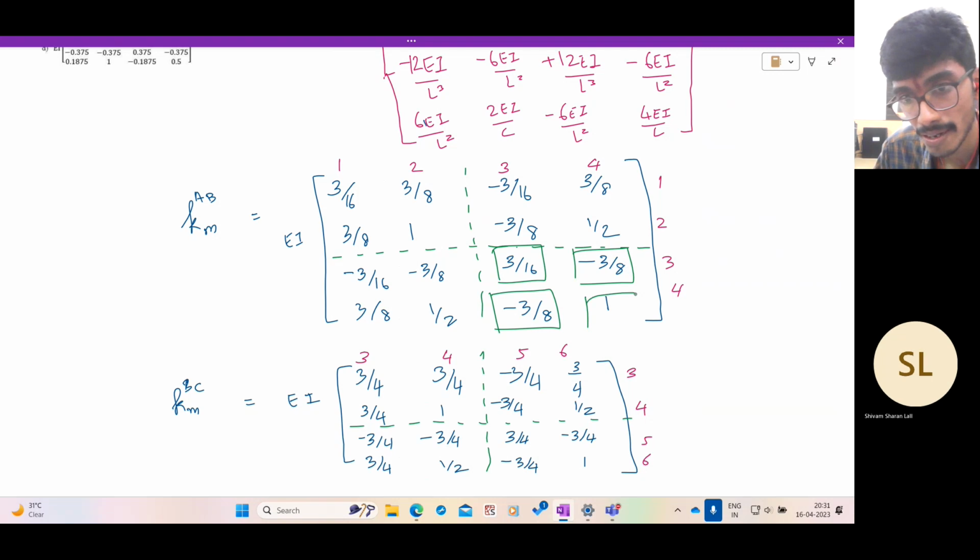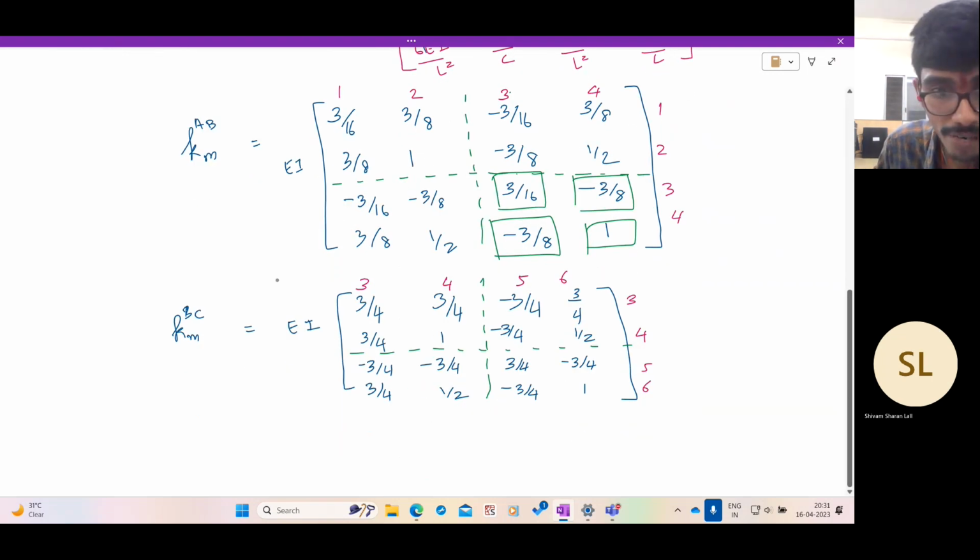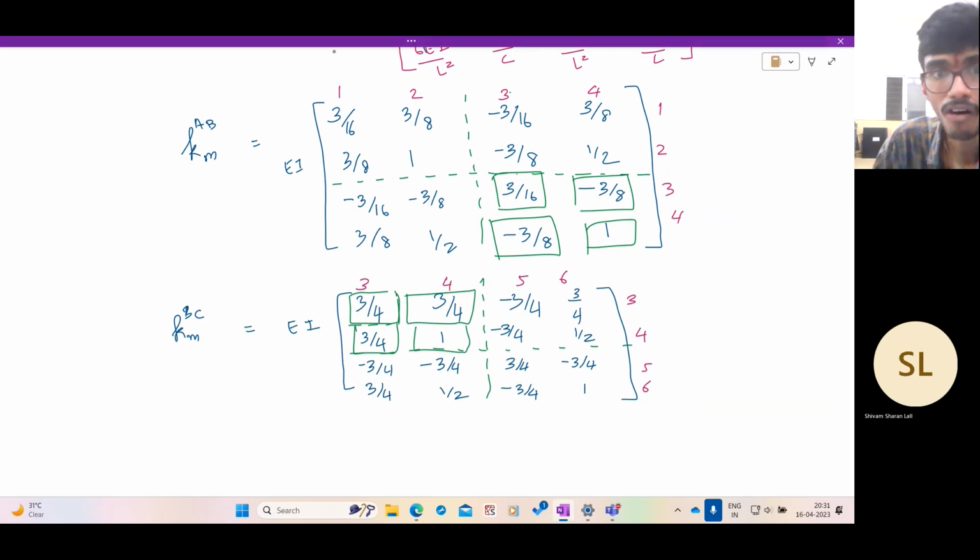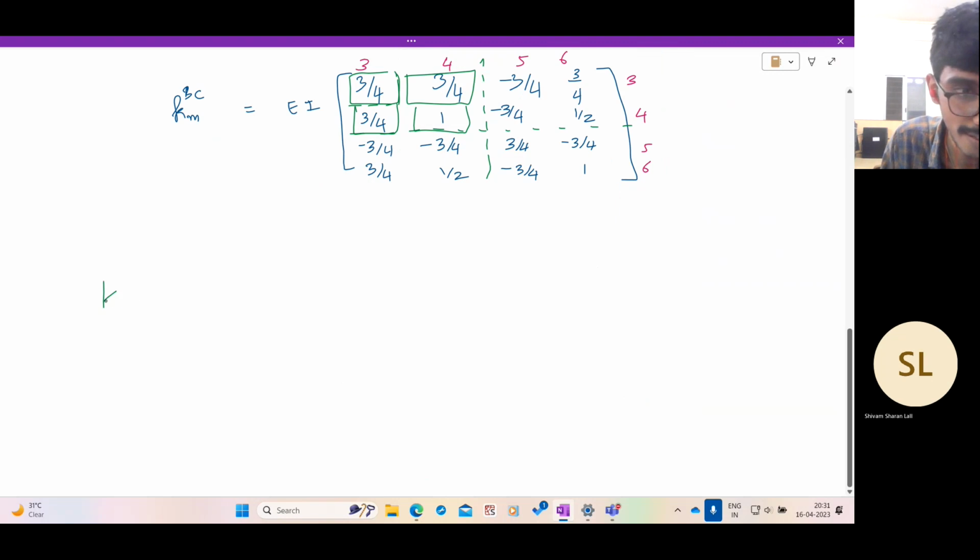So this contributes to the structural matrix 3, 3, 3, 4, 4, 3, and 4, 4. And here also you have the contributions to the structural matrix 3, 3, 3, 4, 4, 3, and 4, 4. All other elements are occurring only once, so you can write down the structural stiffness matrix like this.